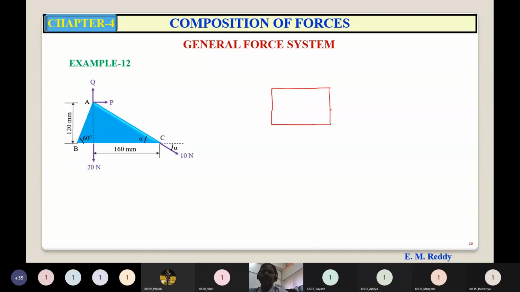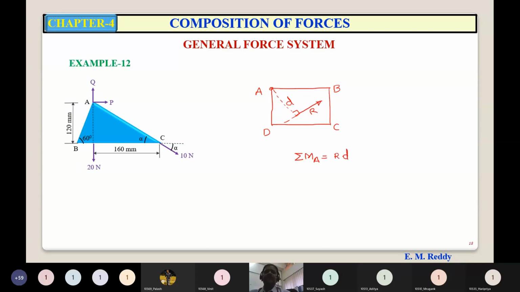So in this plane, this is A, B, C, D. Some force system is acting on it, and the resultant of that force system is lying somewhere here, from A at a perpendicular distance D. Now, as per Varignon's theorem, the algebraic sum of the moments of all forces about point A is equal to the moment of resultant.